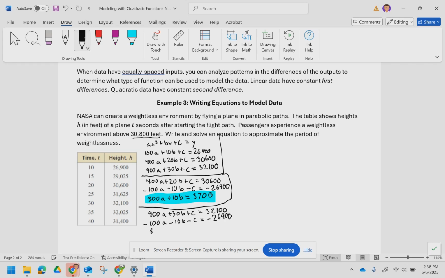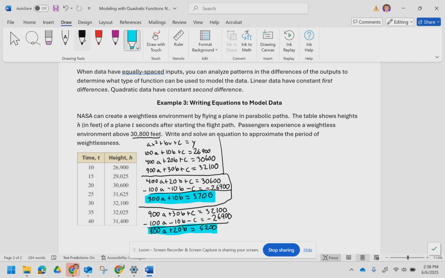So that'll be 800a plus 20b is equal to 5,200.